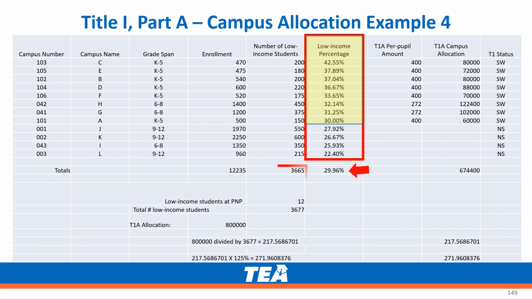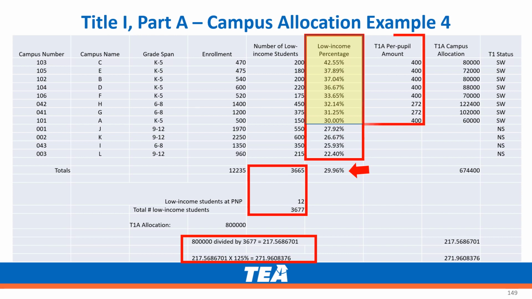The LEA's total Title I allocation before reservations are made is divided by the total number of public school and private school low-income students, and that amount is multiplied by 125%. Every Title I Part A campus must receive at least that 125% amount per low-income student.